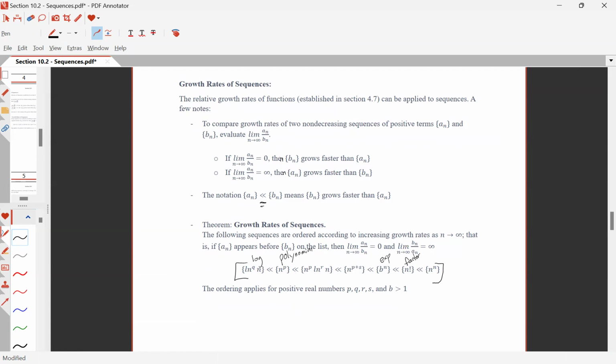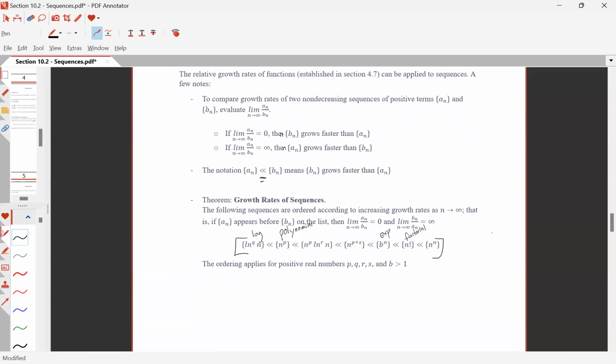Factorial, and I will talk through what a factorial means, is next. And then finally, the fastest thing is this n to the n. It should be like 10 to the 10th. We multiply 10 times. So this ordering applies. And we can use this for if we see certain functions and I know some things grow faster than others, I can apply this to my sequences. And we'll see examples in the next video.